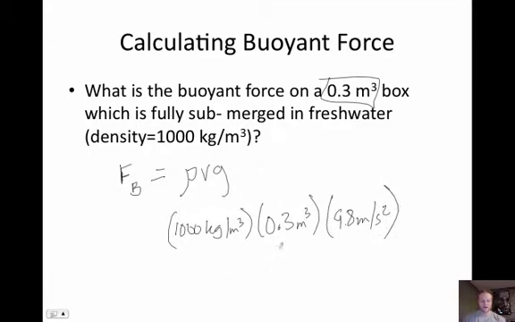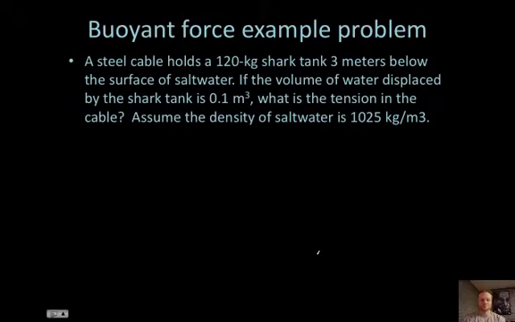If you run those numbers through your calculator, I get a buoyant force of 2,940 newtons. All right, so basically this box is being pushed with an upward force of 2,940 newtons from this buoyant force.